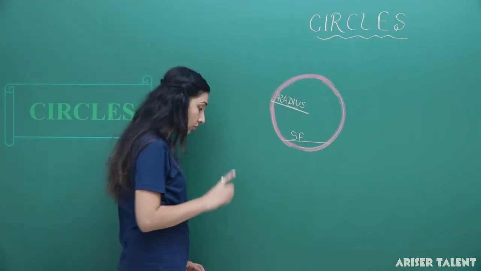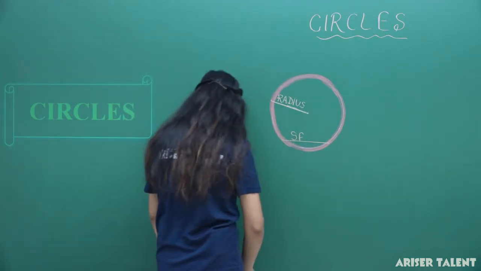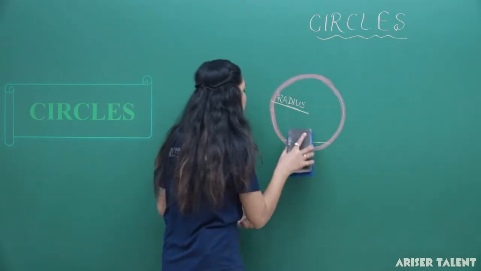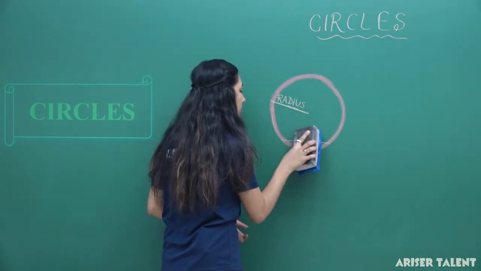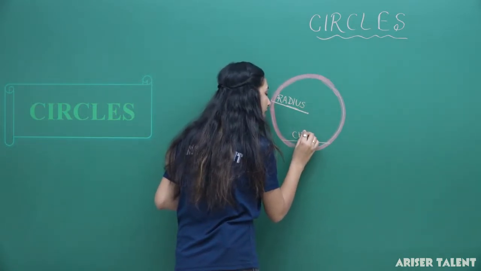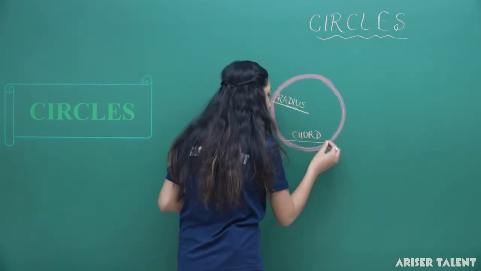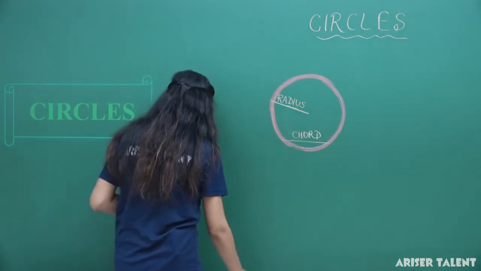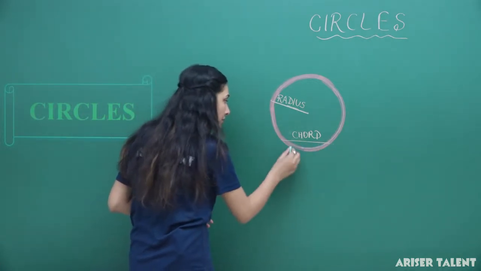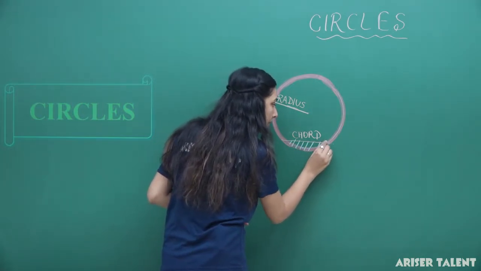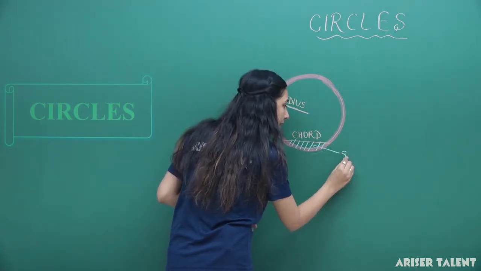Segment? No, chord. This line will be known as a chord. Then what is a segment? The area subtended by this chord and this arc is the segment.